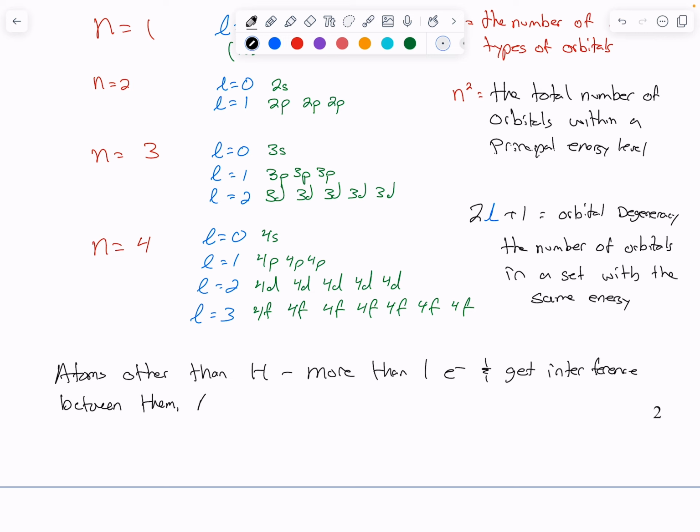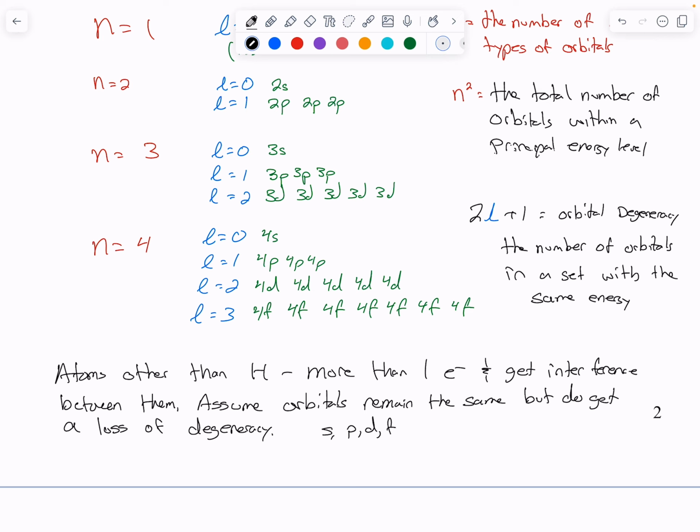What happens is that we assume orbitals remain the same, but we do get what's called a loss of degeneracy. Right, which means that s or p and d, f orbitals are no longer equal in energy. All right, and that'll help us.